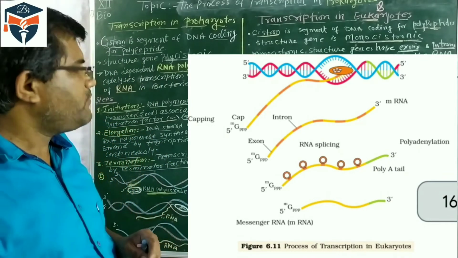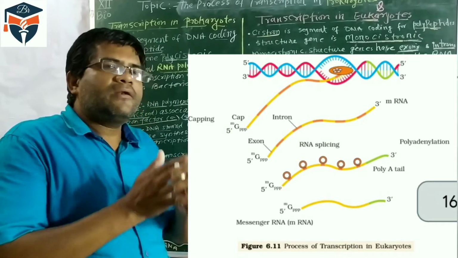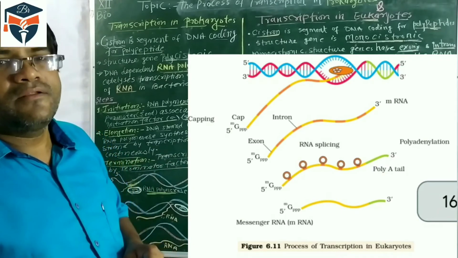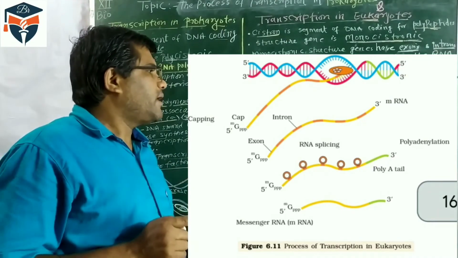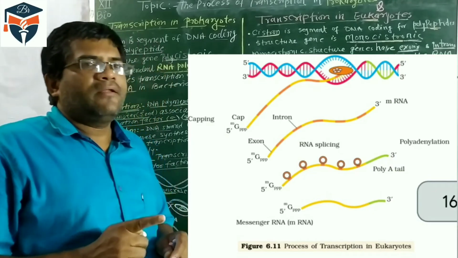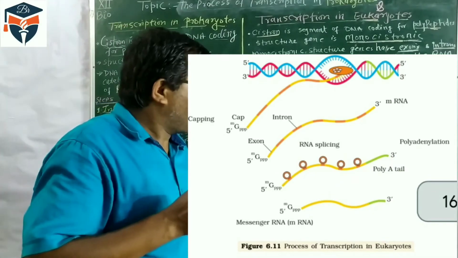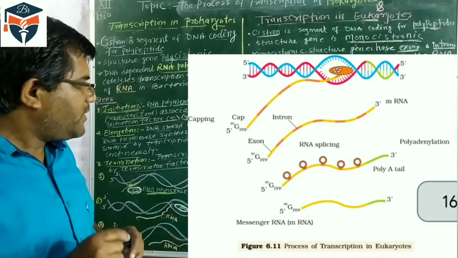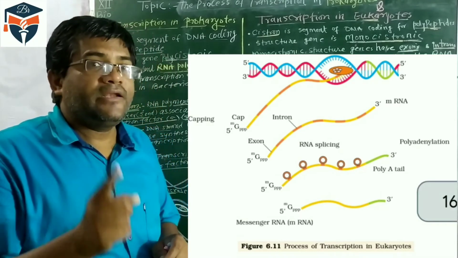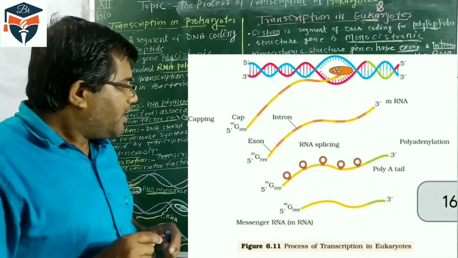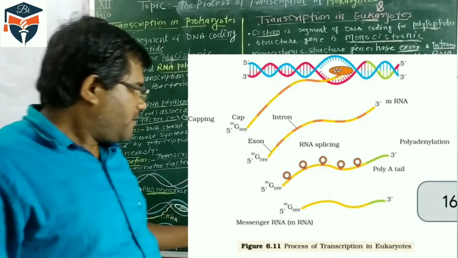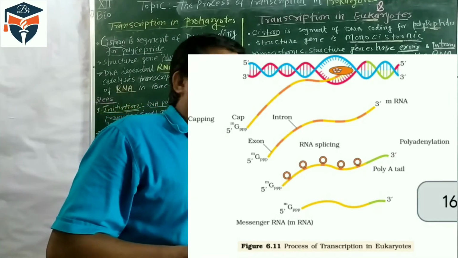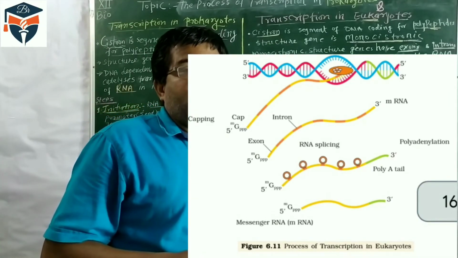After its formation, introns are removed and exons are joined. After that, methylguanine triphosphate is added at the 5' end, which is called capping, and adenylate residues are added at the 3' end, which is called tailing. After this process, we get the mature mRNA, which is called messenger RNA. mRNA stands for messenger RNA.